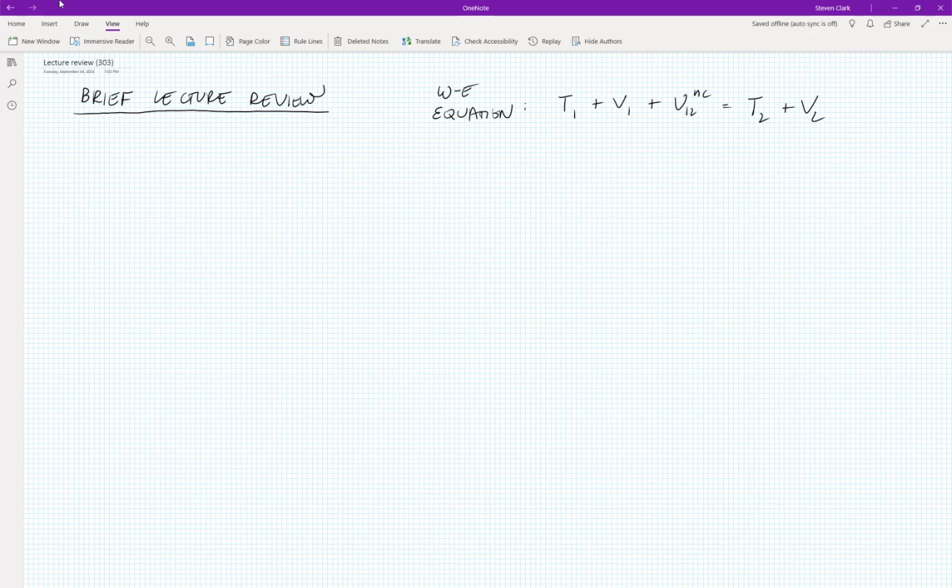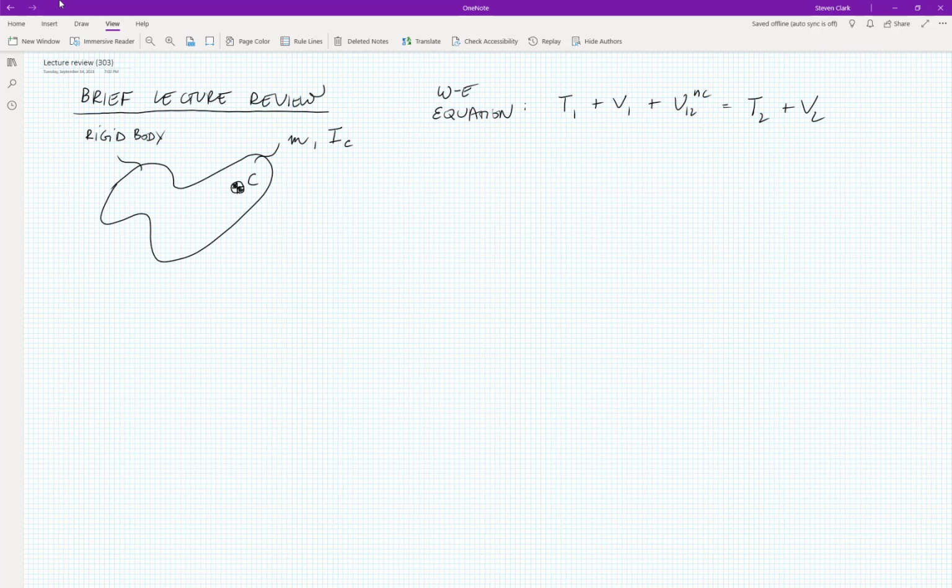So let's imagine that we have a rigid body. This is our rigid body, and that rigid body has mass m and moment of inertia about its center of mass. That center of mass is located, I don't know, maybe here.